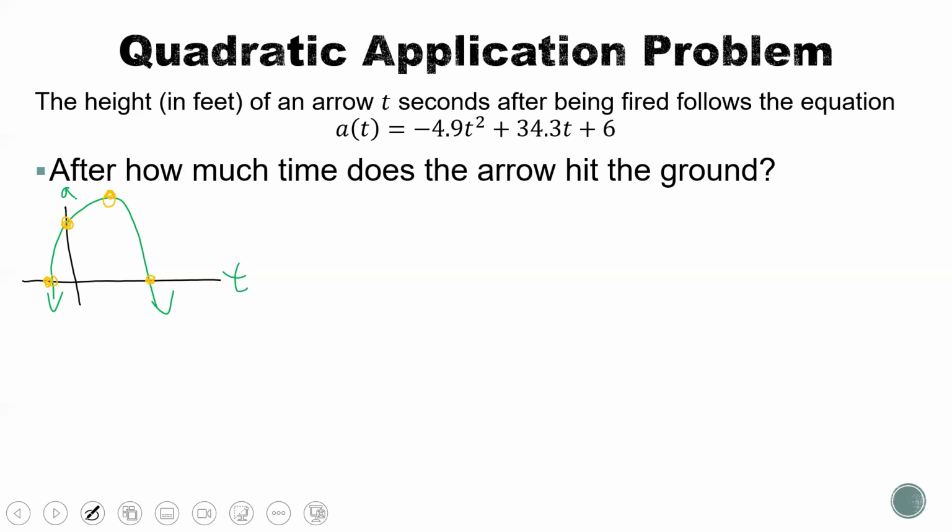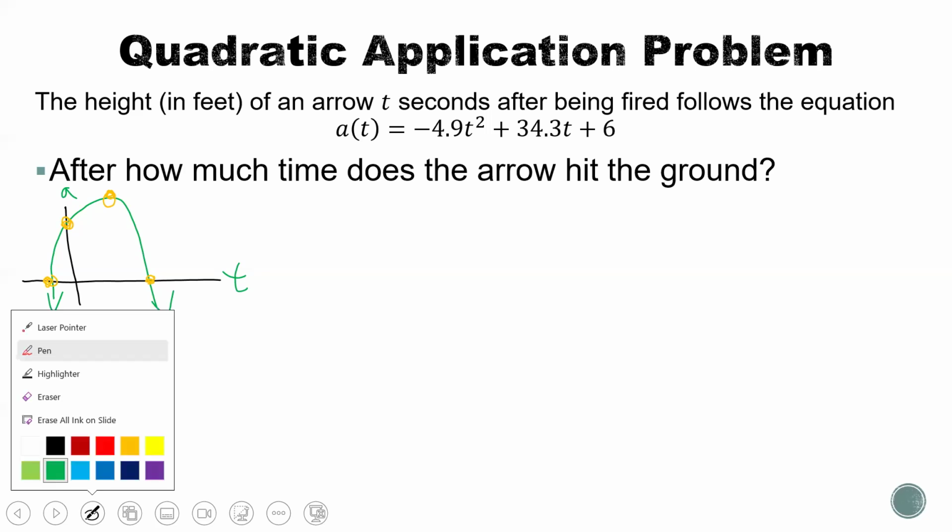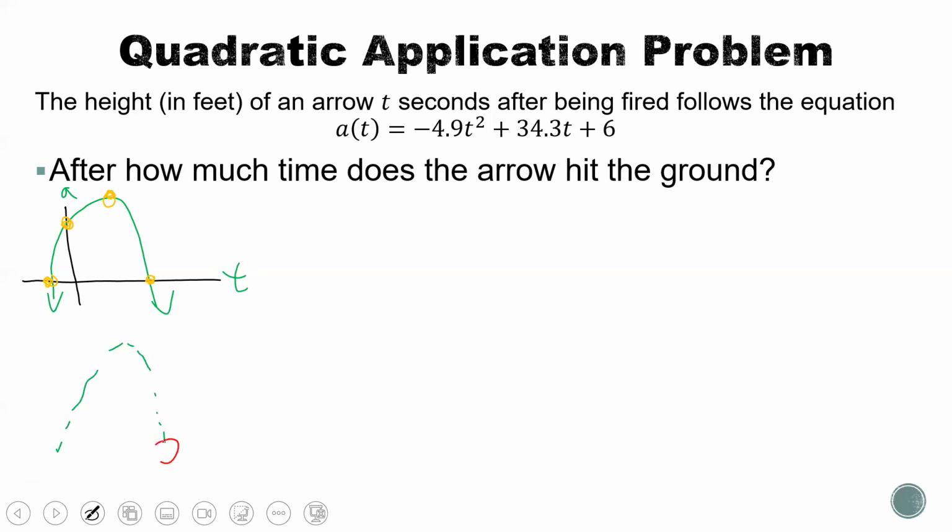Okay, which at first might be kind of a difficult question to answer, though. If we think about, again, the path of the arrow looking like this, and where in that path it hits the ground, right? That's going to be here. Think about the ground right here, when it kind of hits that flat spot. And when I look at the graph up here, that point seems to relate to one of these two horizontal intercepts here.